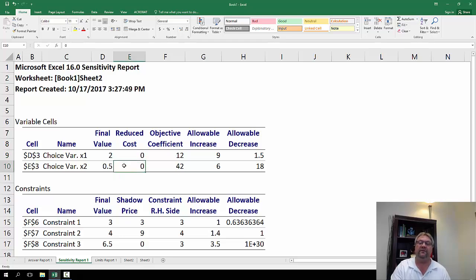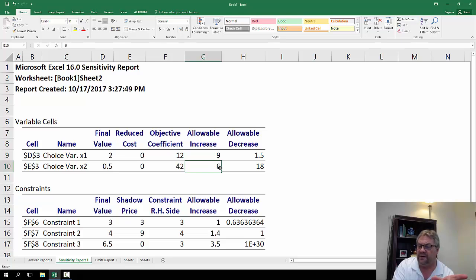Even though x2 is at 0.5, if I put a constraint that was 1, I would still be okay. The coefficients are 12 and 42. This is telling me that if my costs for variable 1 increased by $9 or decreased $1.50, holding everything else constant, I would still produce 2 units of variable 1.